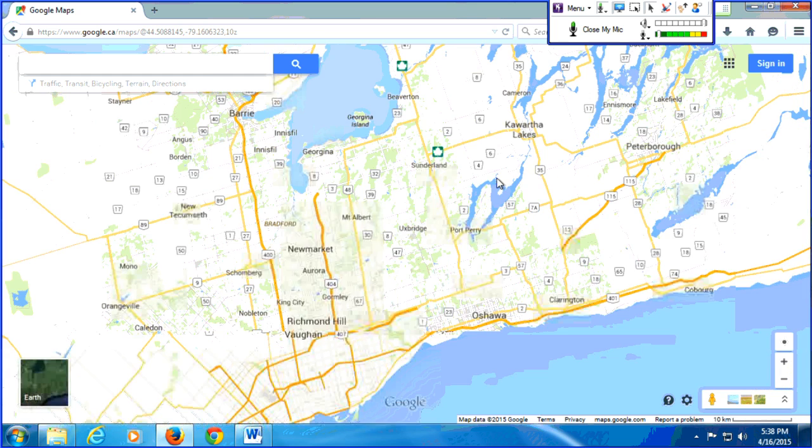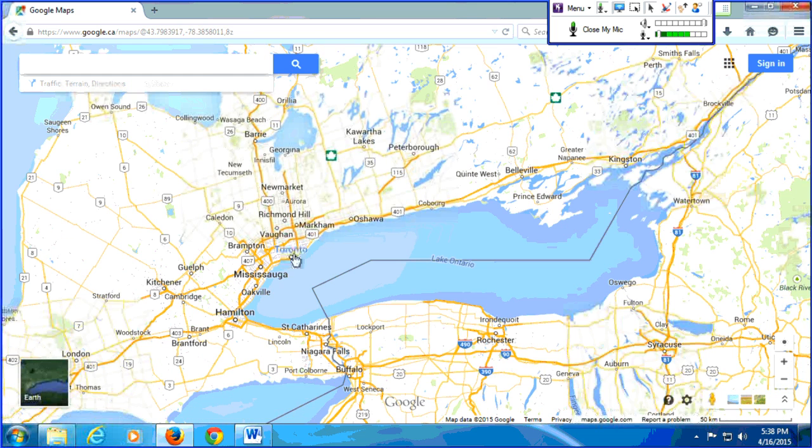We have Toronto and everything around it. To the east of Toronto, you'll see a city called Peterborough and Kawartha Lakes. And farther east, you have Belleville, Napanee, Kingston, and Ottawa.